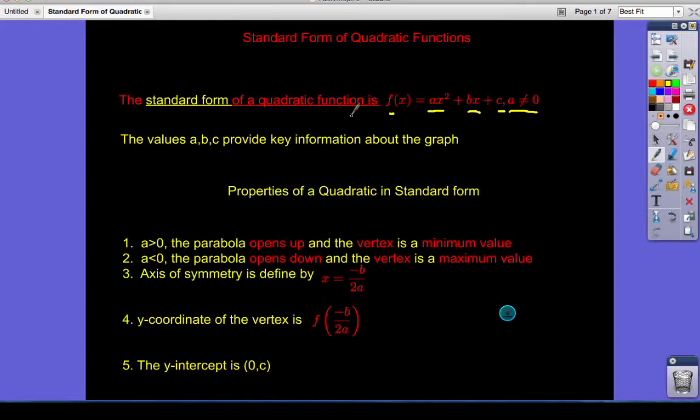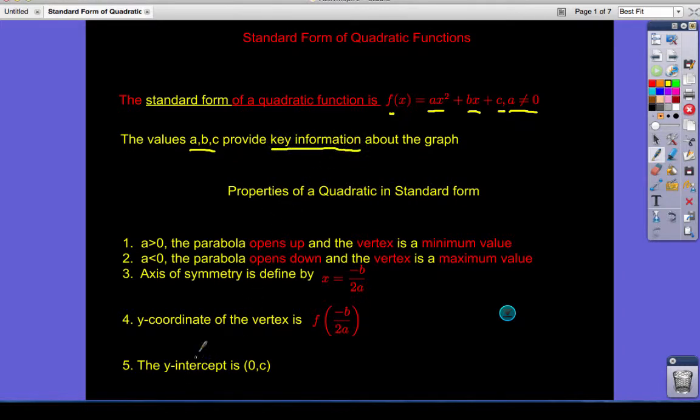This video is going to focus on the properties and identifying certain things about the equation, which would lead us into graphing quadratic functions, which is our second video. So we're going to focus on what this equation tells us. The values a, b, and c provide key information about the graph.